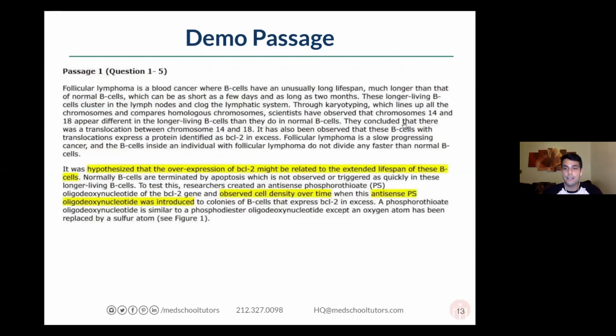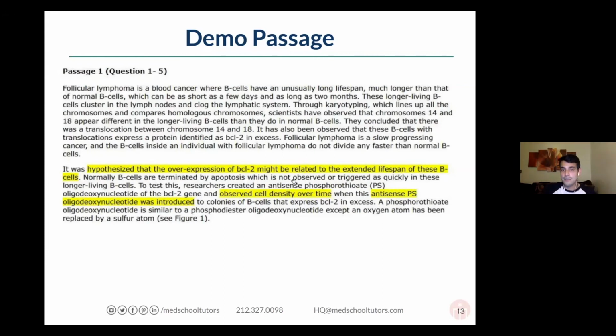I'm sorry, this is a little out of order, but this is just to give you a sense of how I would highlight this passage. This is the entire amount of highlighting I would do. I highlighted the hypothesis, which is that the overexpression of BCL2 might be related to the extended lifespan of these B cells, and that ties back to the question.